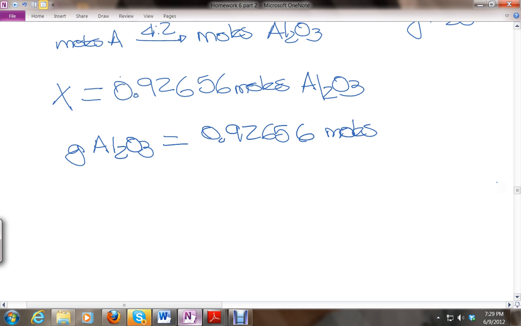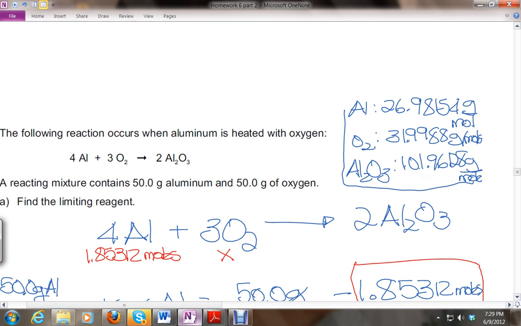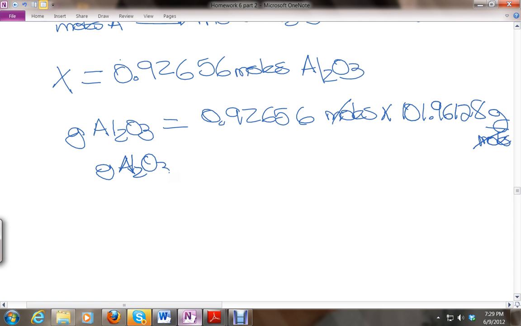So now, as you did, like I told you to do, to get those smaller masses at the beginning, we have it already: 101.9628 grams per mole. So moles cancel out, and look, the grams of aluminum oxide is gonna give us 94.47324 grams.